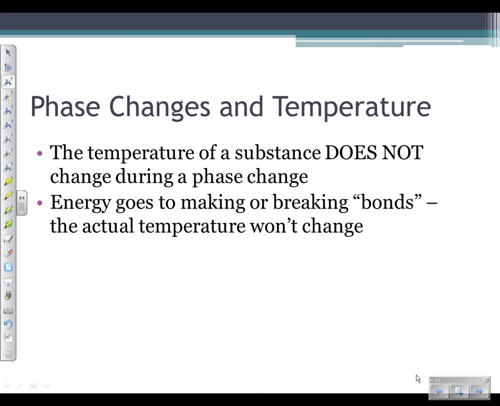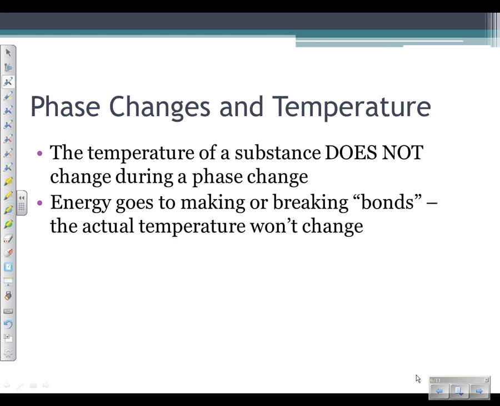For things going from a solid to a liquid, they're taking care of all those attractions. Notice, bonds is in quotation marks. When water goes from being an ice cube to being a glass of water, does it actually split apart its hydrogens and oxygens? No, but they don't hold on to each other quite as much anymore.